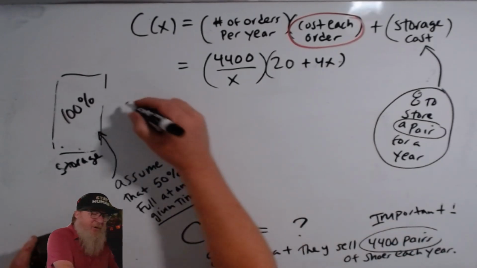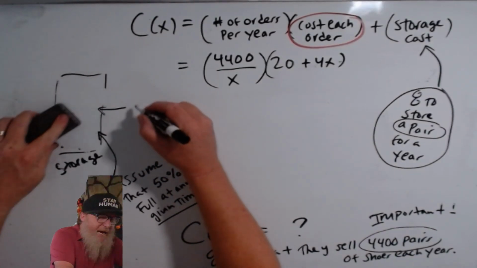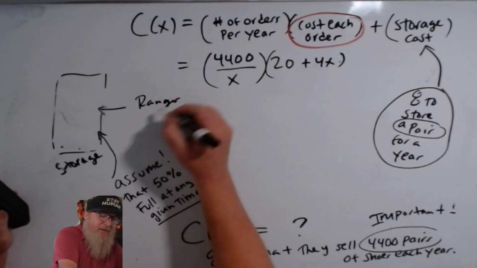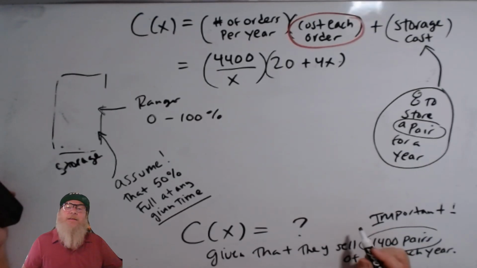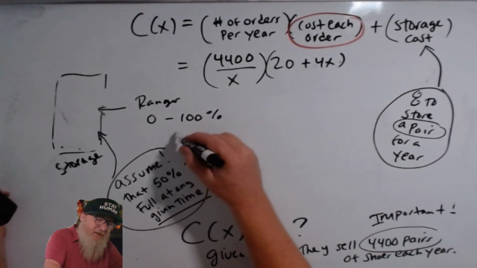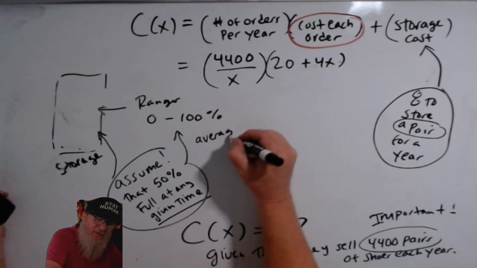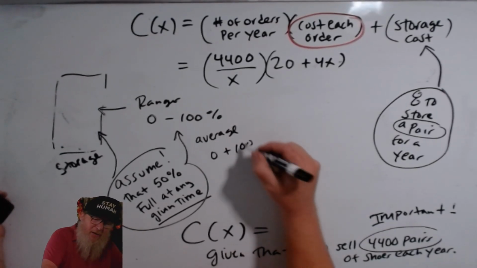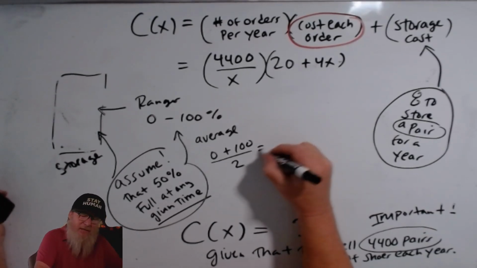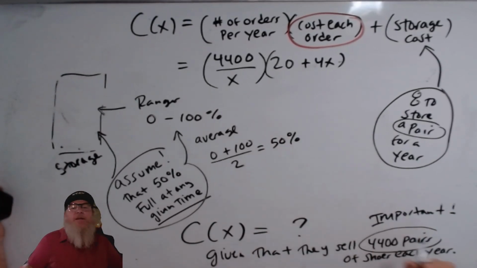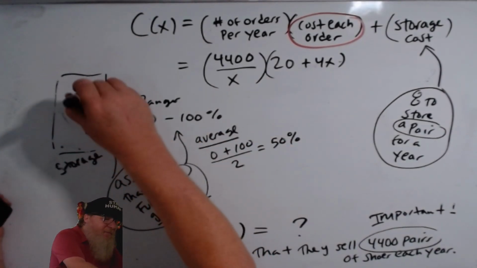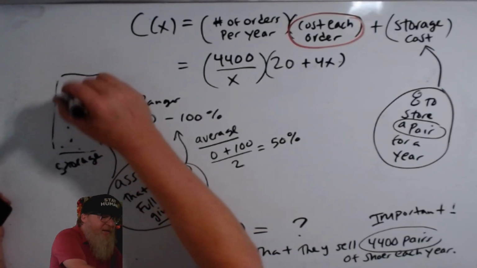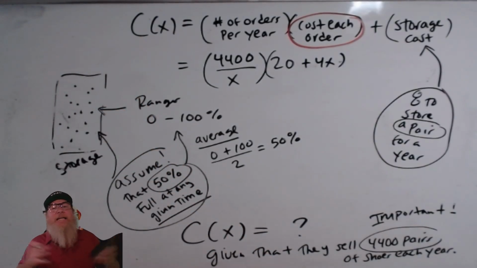So the amount of shoes ranges between 0 and 100%, and so we take the average, which is 0 plus 100 divided by 2, and that's how we get 50%. So 50% is the average number of shoes in storage at any given time.